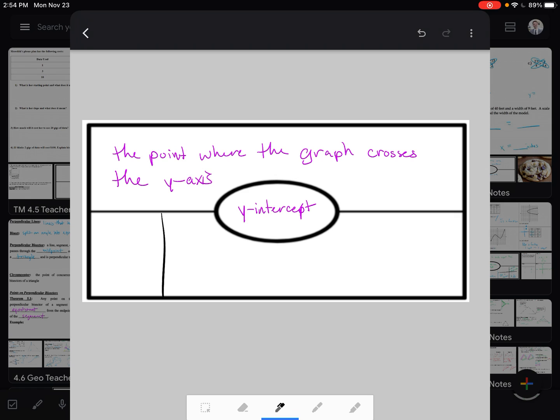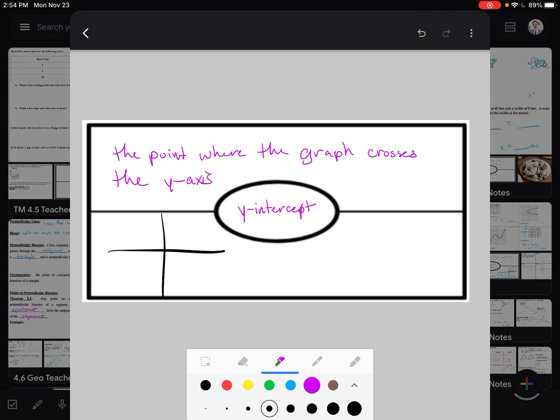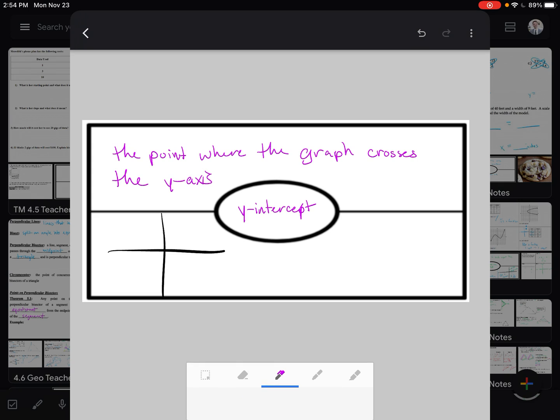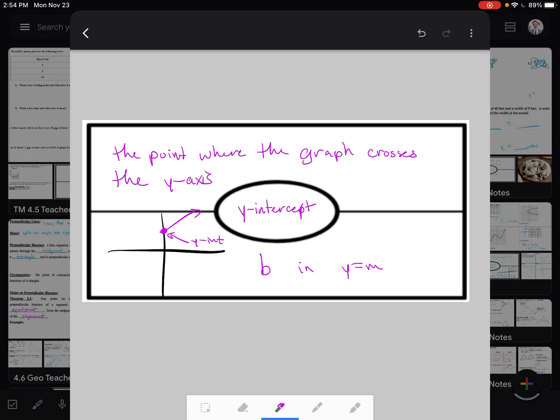And if we look at this again on a graph, and let's say it's this ice cream example, where something like this, where we touch or cross the y-axis, that's our starting point. That right there is the y-intercept. We call that our b value in y equals mx plus b. But again, big thing to emphasize here, and I'd even have you write this down in your notes, a starting point.